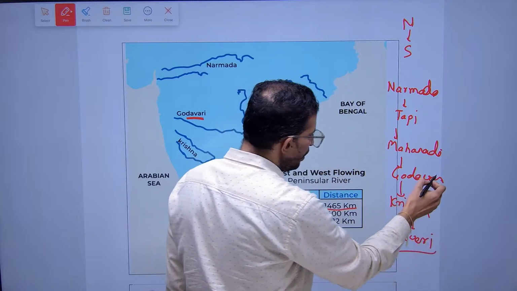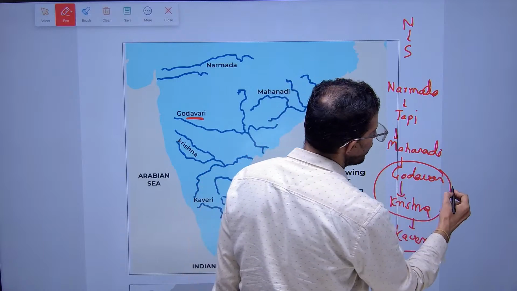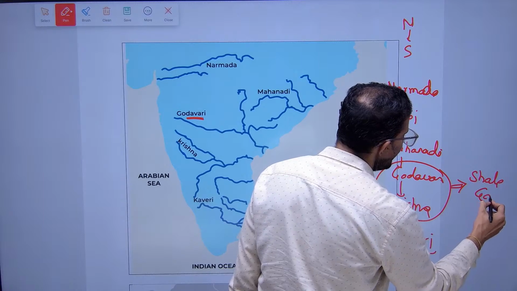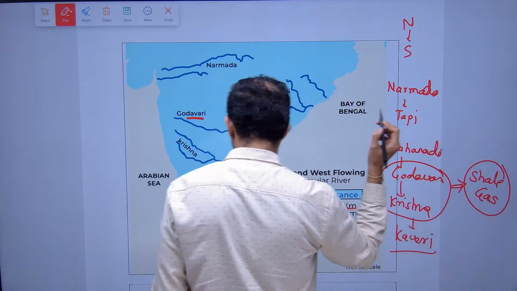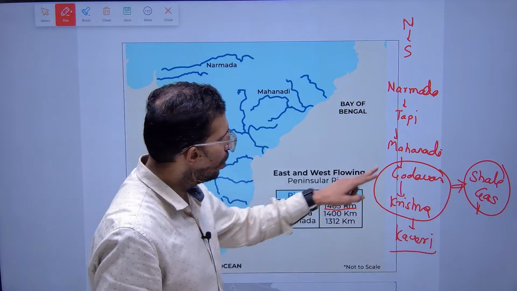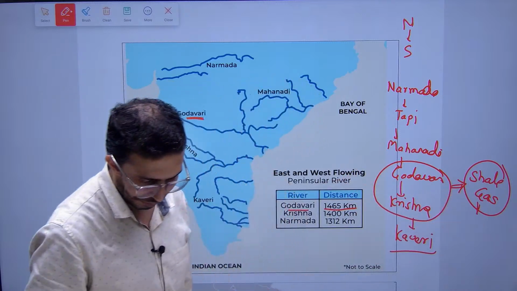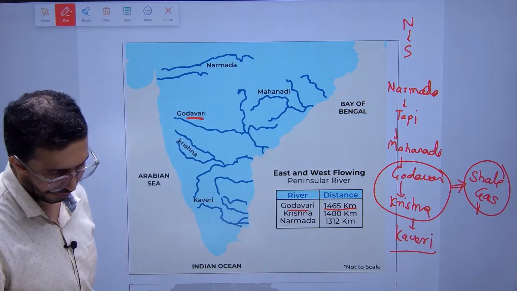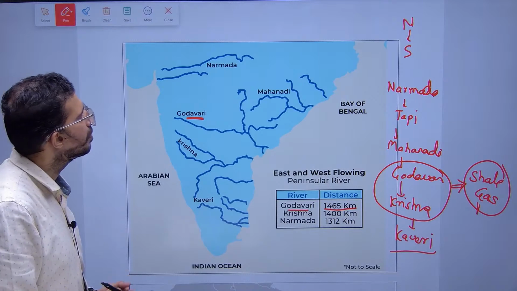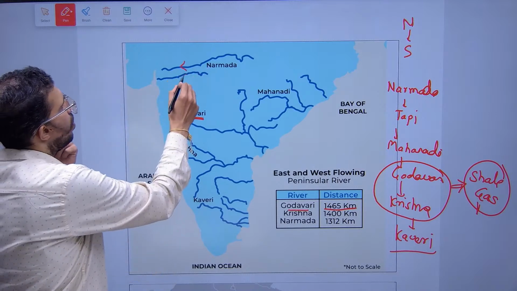Do you know the Godavari-Krishna basin is very important for the deposits of shale gas? The question was asked in the UPSC, about the Godavari-Krishna basin. Narmada and Tapi are the west flowing rivers.